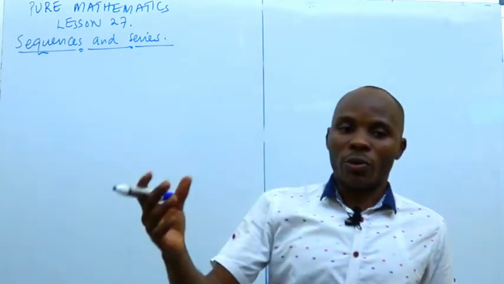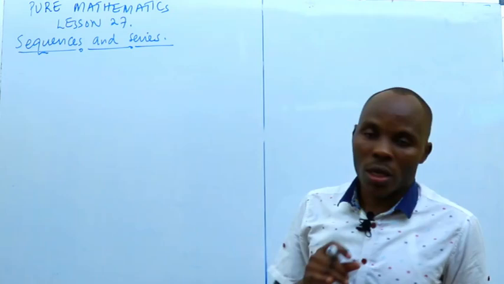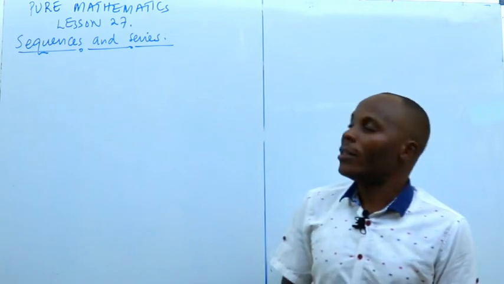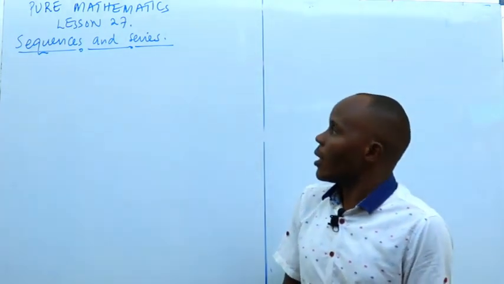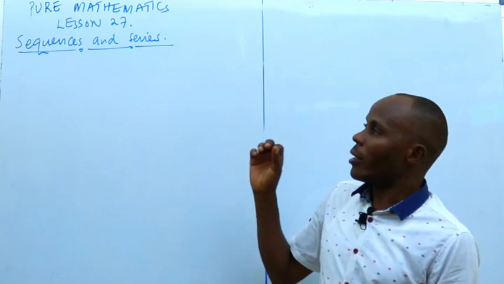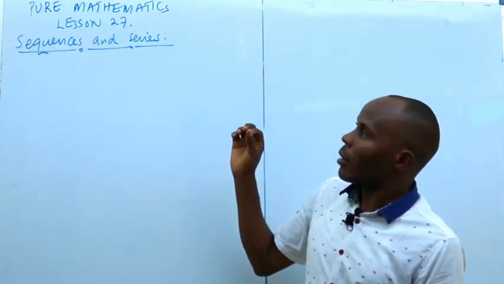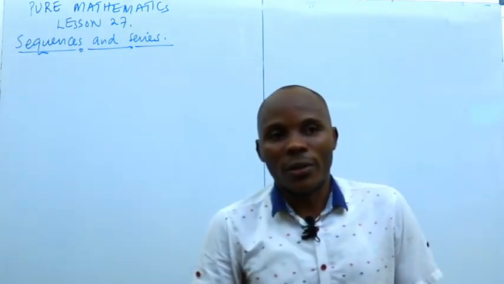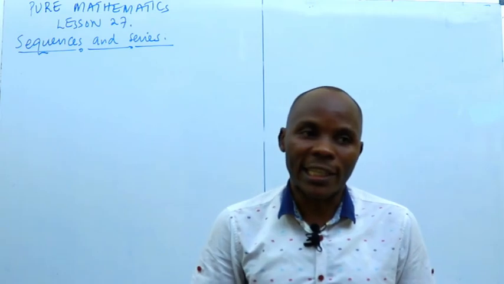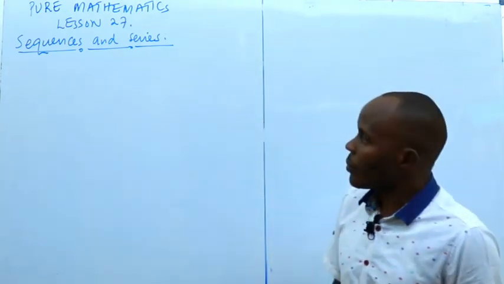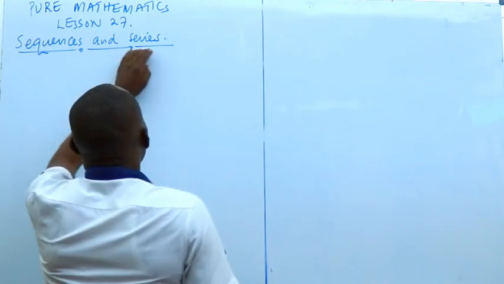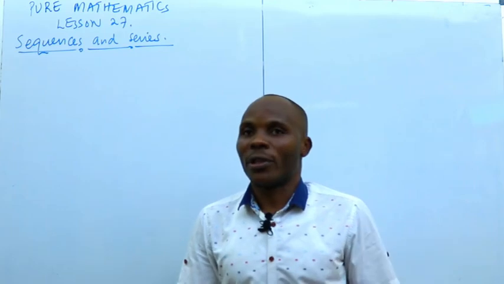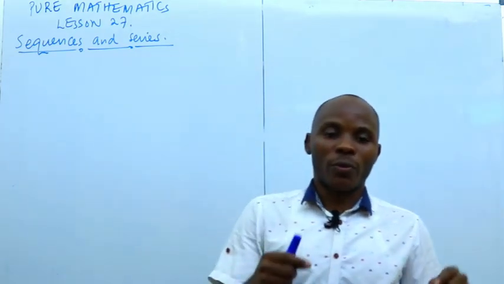We need to get the difference between the two, and it is at that level that we shall discuss in detail the various and most important series at our advanced level of learning. Now, when you look at these two words, they move together. One comes from the other.